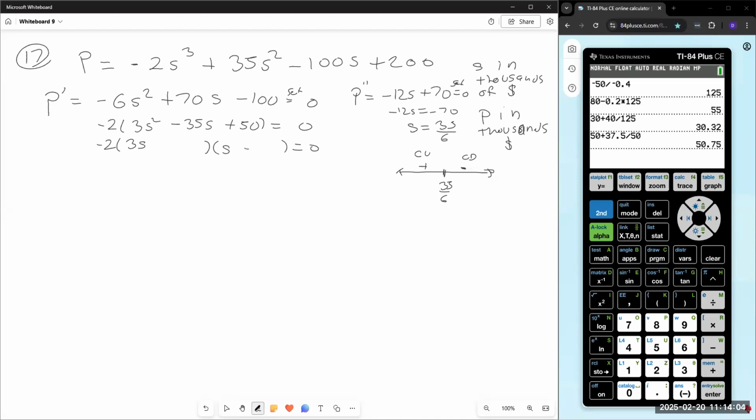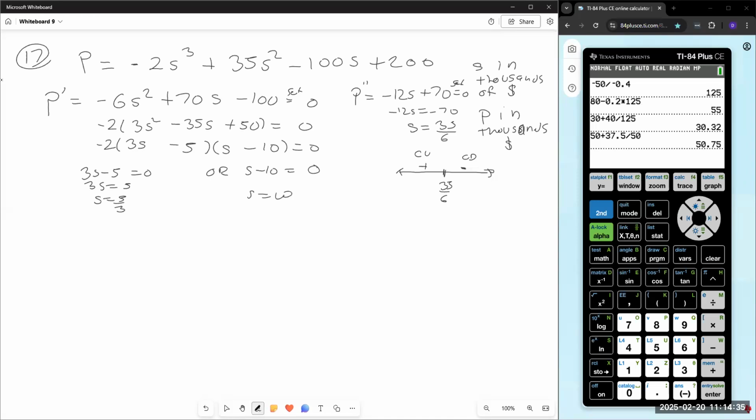So I'm going to put a negative 10 here, gives me a negative 30, and a minus 5 there, gives me a negative 5. Altogether, that's a negative 35, and negative 5 and negative 10 multiply to give me 50. So 3s minus 5 equals 0, or s minus 10 equals 0. 3s is equal to 5, s is equal to 5/3, or s is equal to 10.